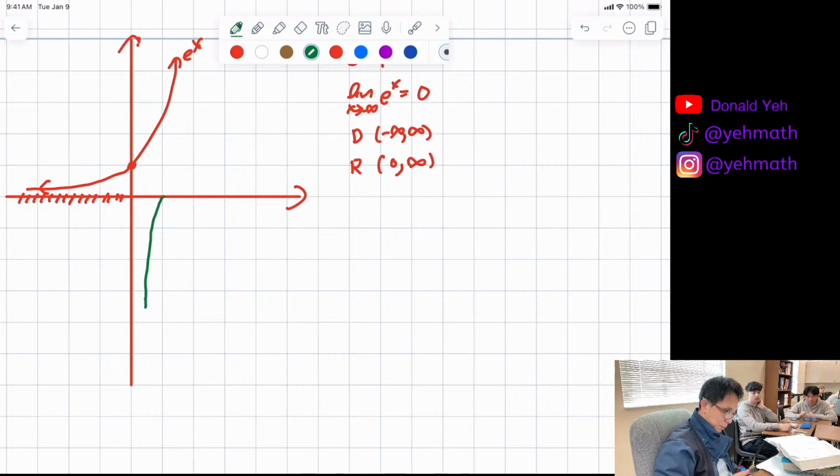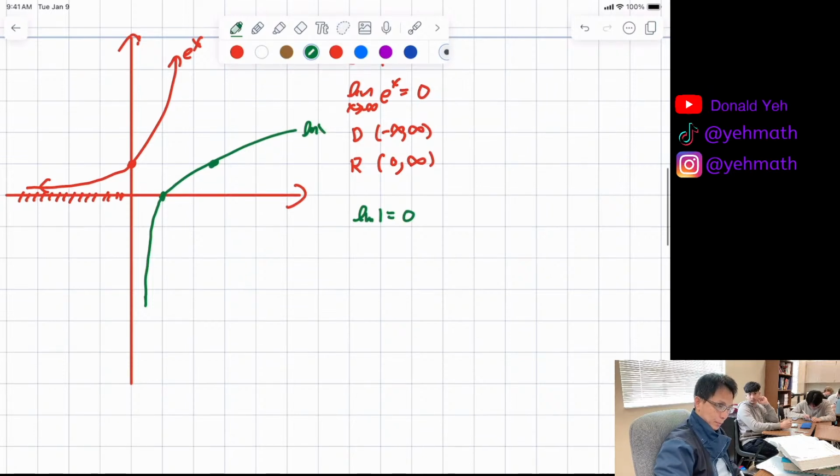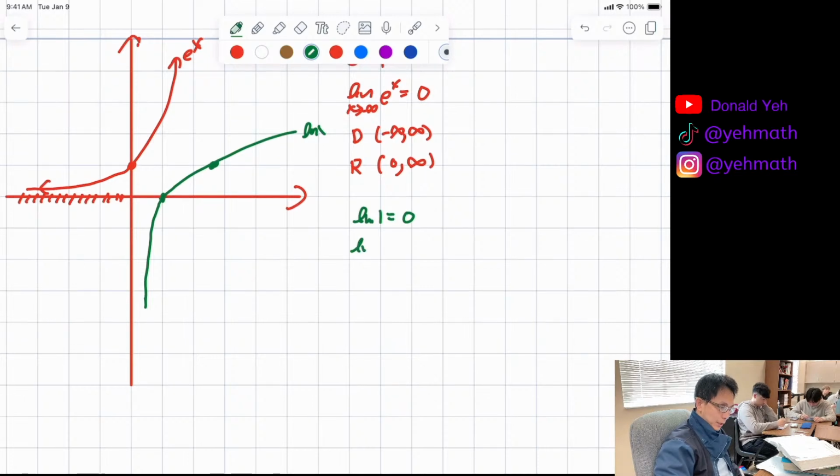It had to pass this point, and also this particular point here. So, what is the natural log of 1? You look at the graph, natural log of 1 is 0. What is the natural log of e?